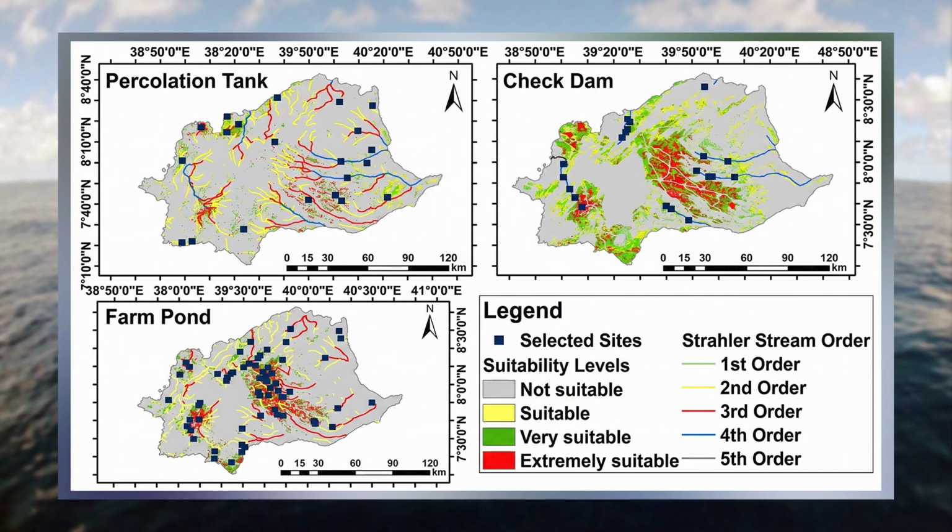The water conservation structures planned using remote sensing and GIS include check dams, percolation tanks, farm ponds, gully plugs, nala bunds, contour bunds, and trenches. The thematic layers used in remote sensing and GIS are digital elevation model, drainage and stream order, map of the slope, soil, geology, geomorphology, land use, land cover, and rainfall and runoff data.